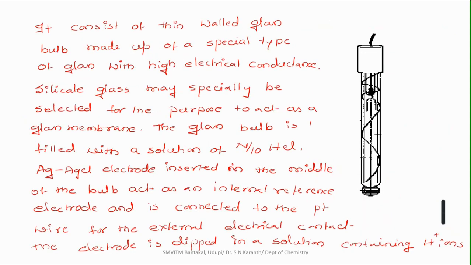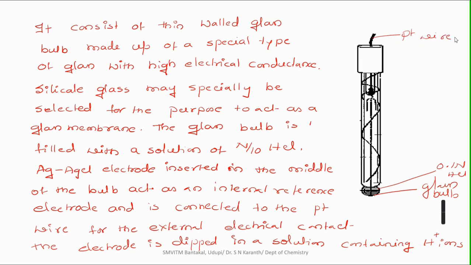Here, it usually consists of, as I already wrote, the thin walled glass bulb. This is a glass bulb made up of a special type of glass. Usually silicate glass is used for this purpose. And the glass bulb is filled with decinormal HCl, which acts as an internal standard solution. Simply a silver chloride electrode inserted in the middle of the bulb acts as an internal reference electrode and is connected to the platinum wire for external electrical contact.